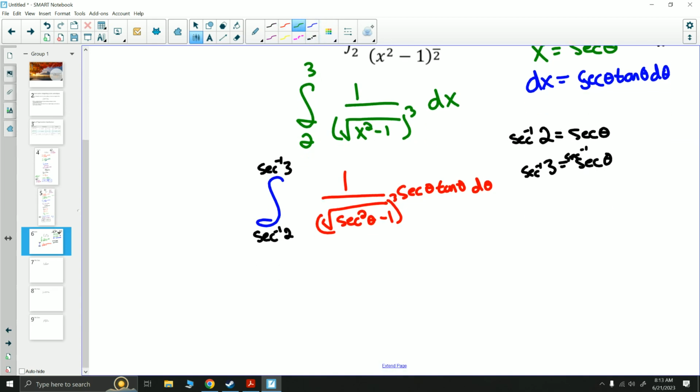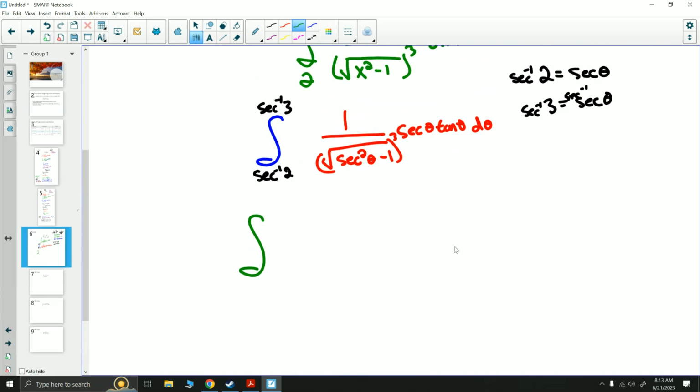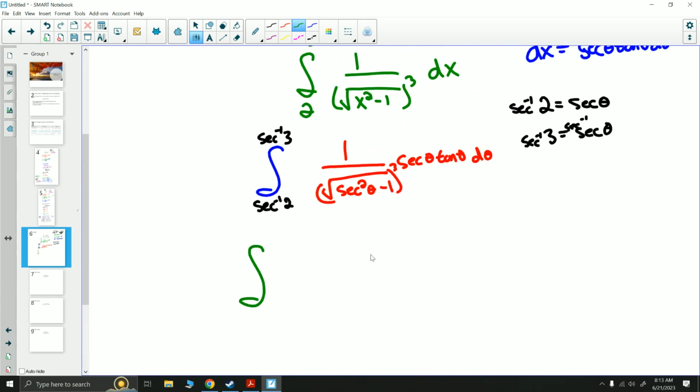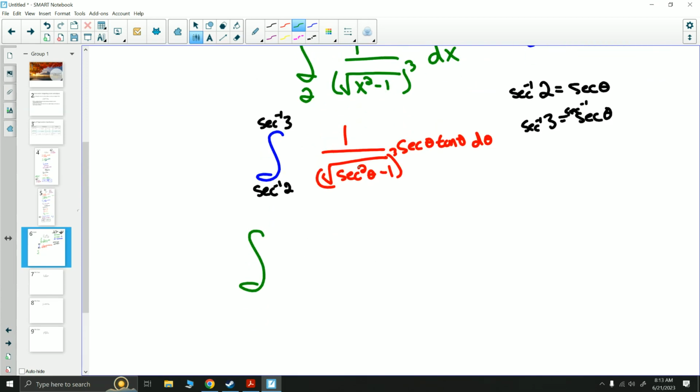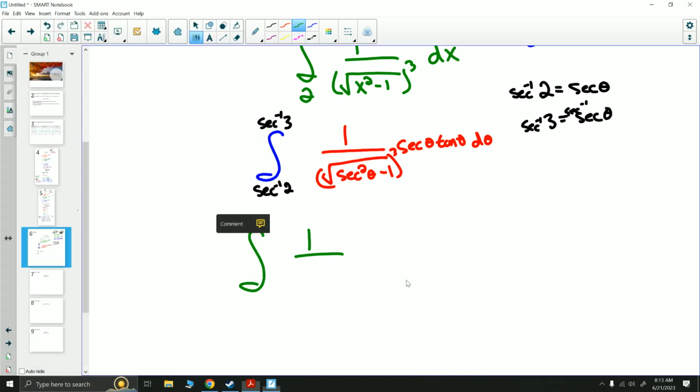So if we have this thing, we have this bound of integration still. I'm not going to write them every time at this stage because that's a nasty thing to write, and that's why I often just save it to the end. So we have 1 over, now, the secant squared theta minus 1 would be tangent squared.